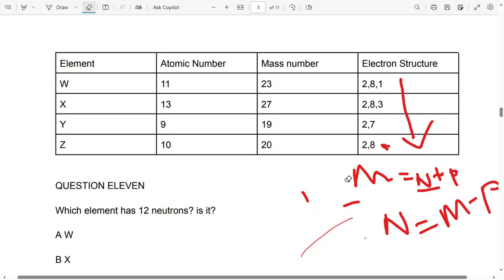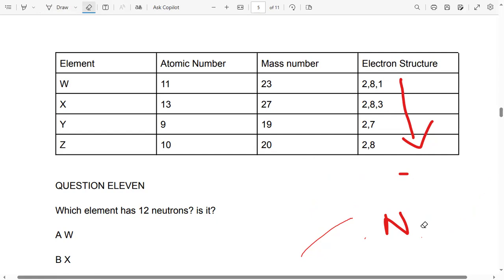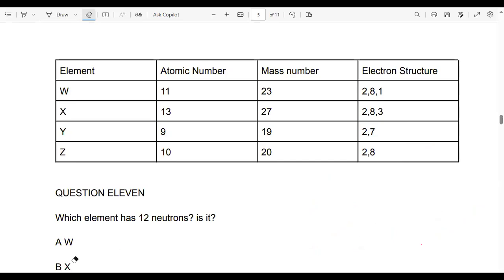By definition, if two elements are in the same period, it means that they have the same number of electron shells.